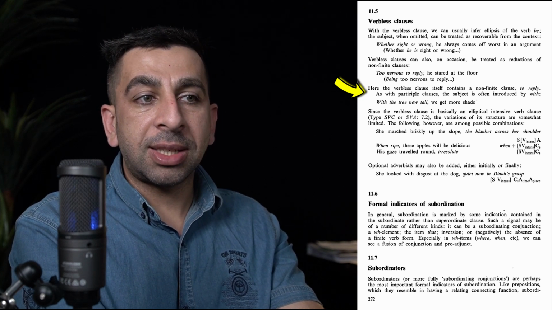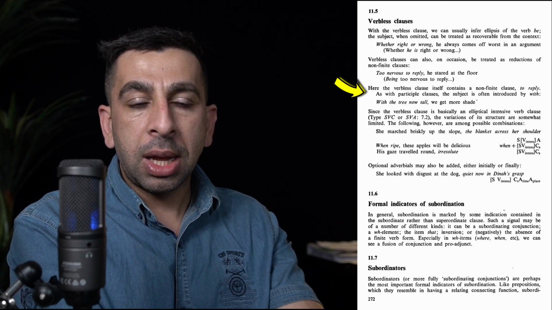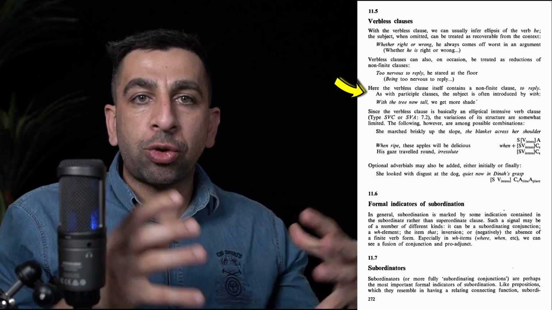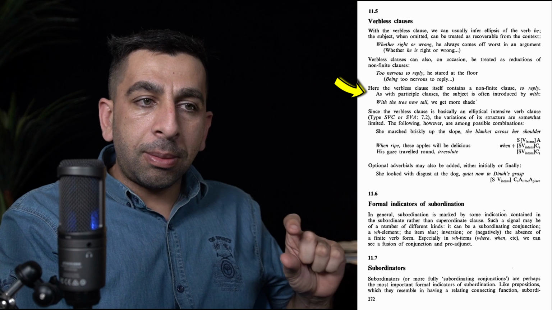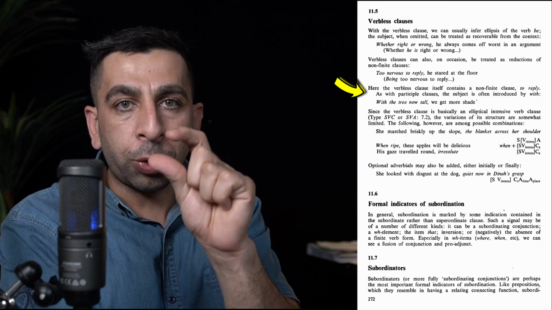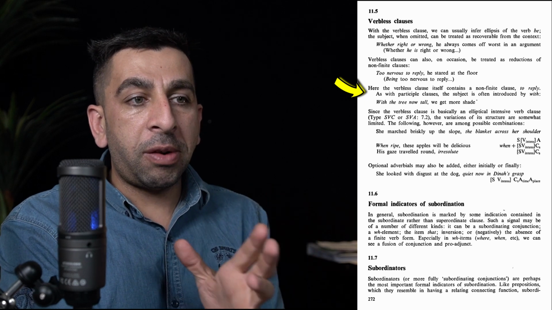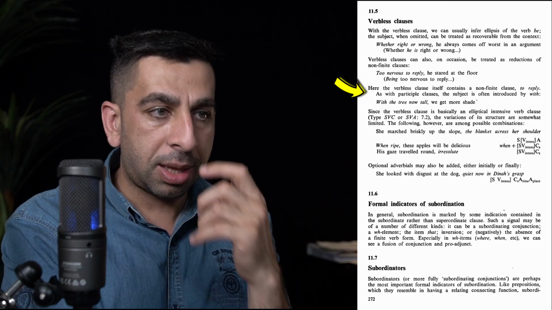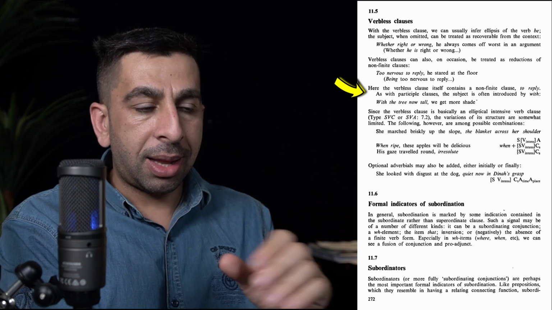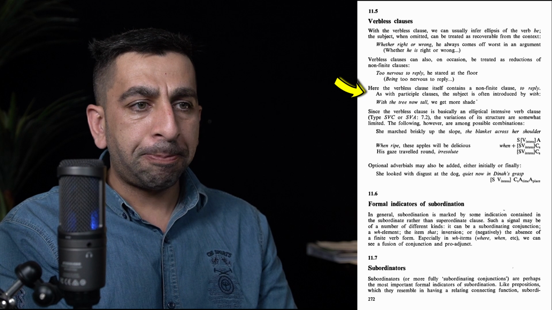Since the verbless clause is basically an elliptical intensive verb clause، لكونها هي أصلا جملة truncated أو مختصرة وبيها عنصر يعني فعلي بس مضغوط intensive أو مكثف اللي هو SVC or SVA, the variation of its structure are somewhat limited. يعني التفاوت بيناتها بالشكل ممكن يكون محدود. مثلا the following however are among possible combinations. خلينا نشوف هنا هذه combinations مرات تكون موجودة.